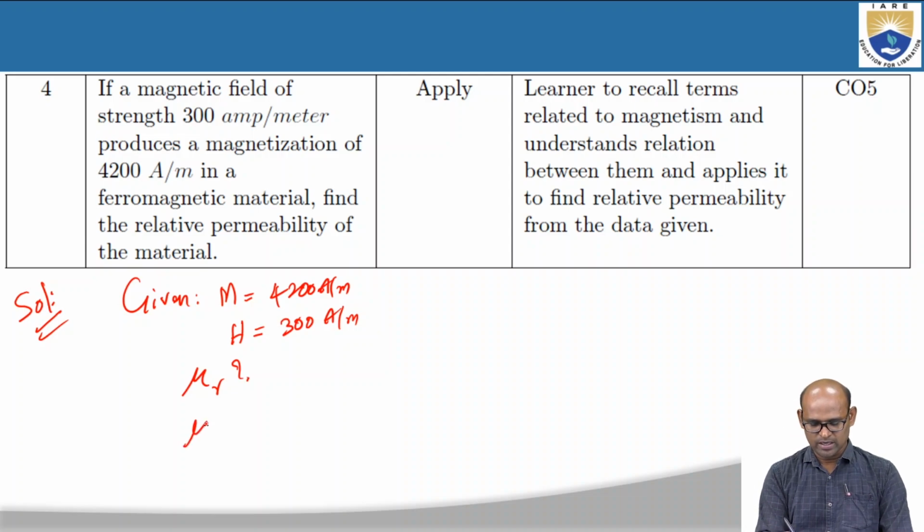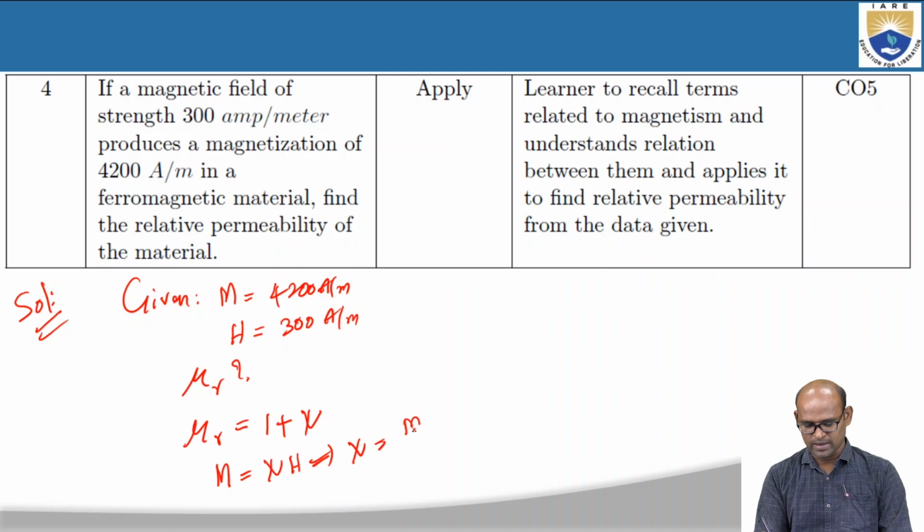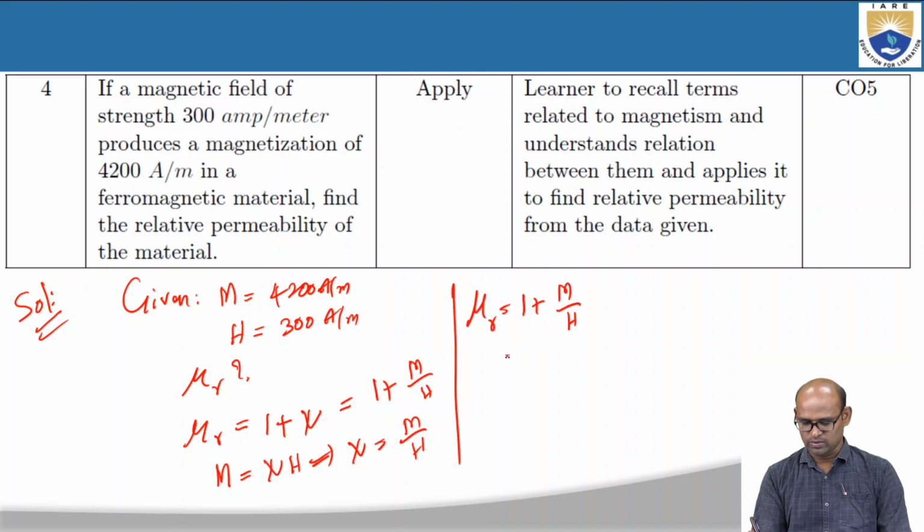Okay, so we know the relation between mu r and chi, right? mu r is equal to 1 plus chi, but the magnetization M is given as chi into H. Okay, so chi is M by H. So in this equation, 1 plus M by H. So substitute the value: mu r is equal to 1 plus M by H. So we are going to find out 1 plus 4200 divided by 300.